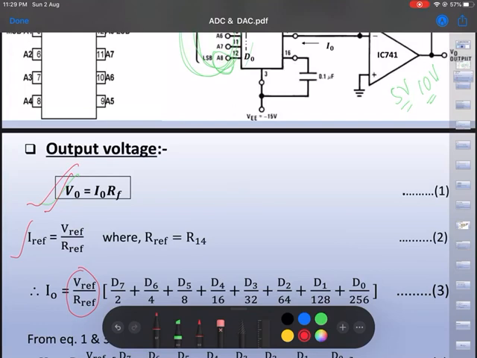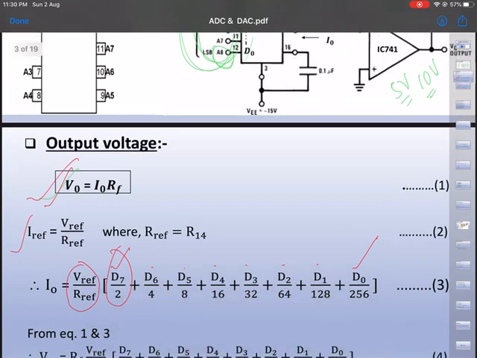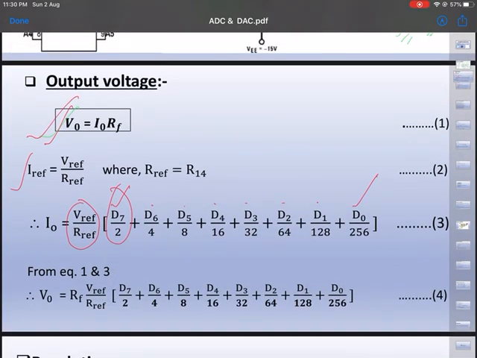You can clearly see D0 is the least significant bit, D7 is the most significant bit. If all the bits are 0 and only this bit is high, it will be nothing but 1 upon 2, and 2 milliampere divided by 2 is nothing but 1 milliampere. That is the binary weight corresponding to when the most significant bit is high.